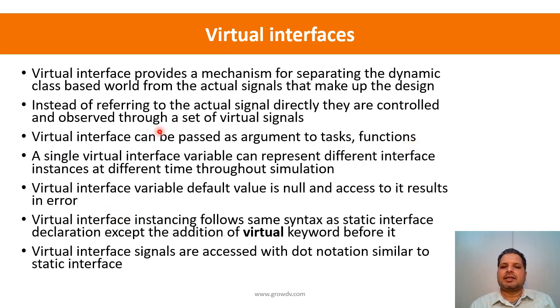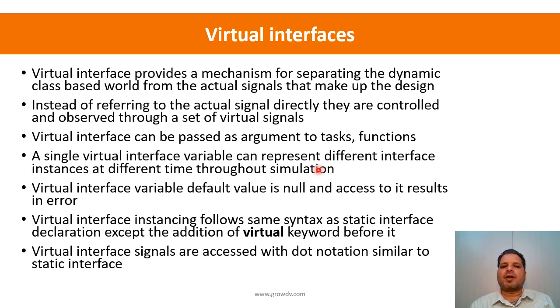Another advantage is that the virtual interface is not always tied to a specific interface, right? In the test bench top you could have multiple physical interfaces, whereas in any of the classes in your test bench you can dynamically send any of those actual physical interfaces through a virtual interface handle.